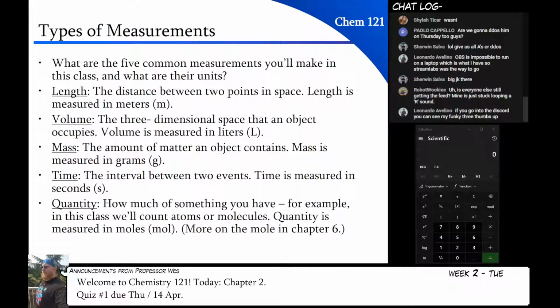For deadlines for quizzes, the date listed on my screen at the bottom here. So where's my pen here? Let me try and indicate that a little bit better. I can't actually see the thing. There we go. So that would be right. I'm trying to look at another monitor while doing this.